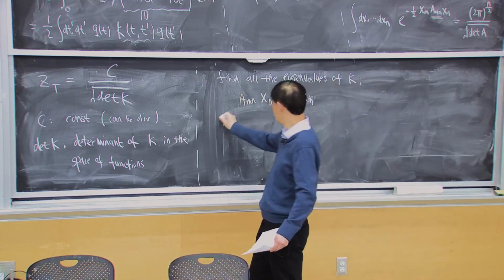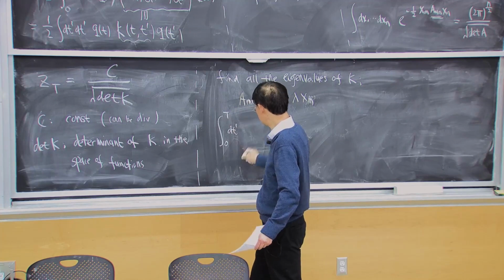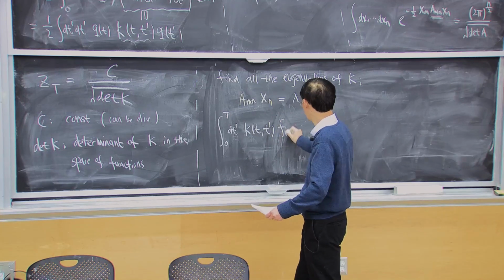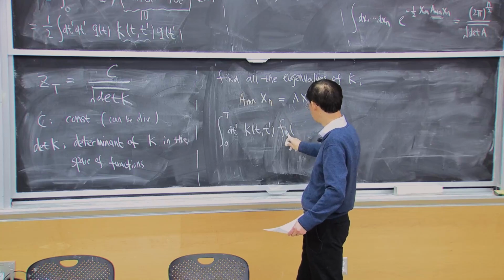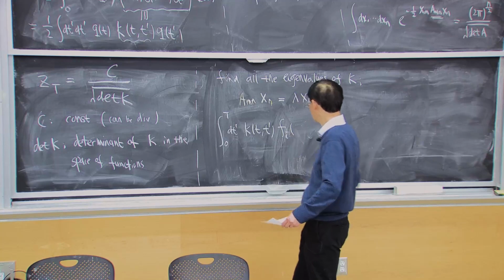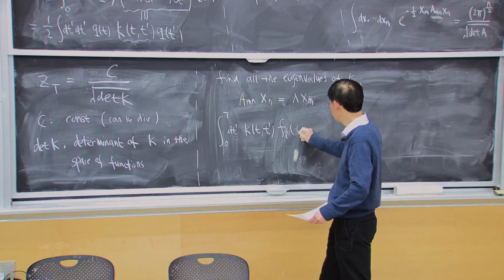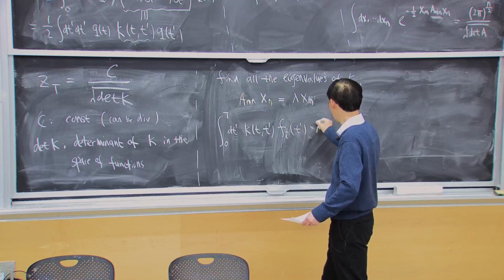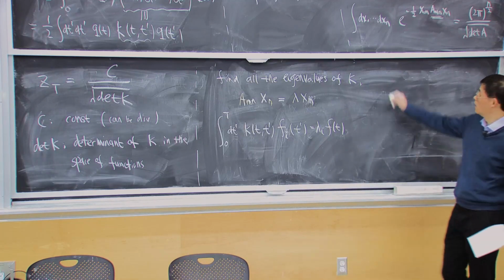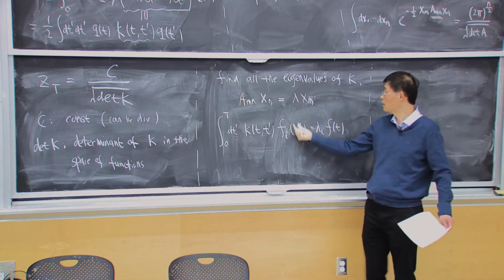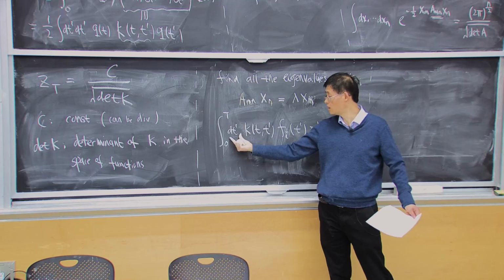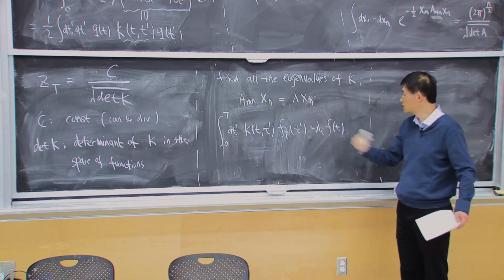So the analog here is the integral from 0 to T over t prime of K(t, t prime) times some function F_i(t prime) equal to lambda_i F_i(t). Here i labels different eigenvalues. So this would be the eigenvalue equation, because now the index n is replaced by t prime, the sum over n is replaced by an integral, and the rest is the same.